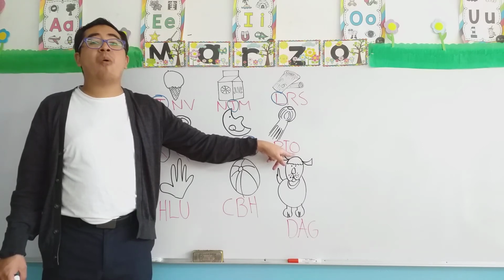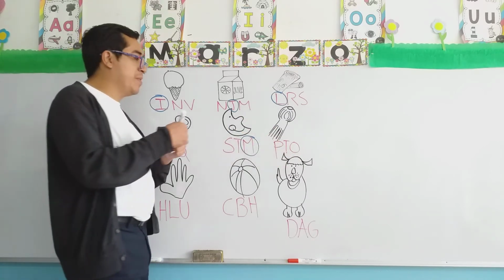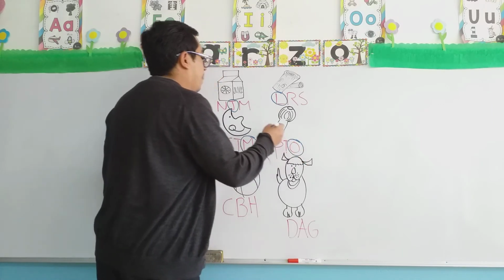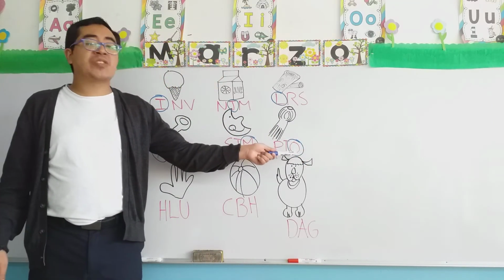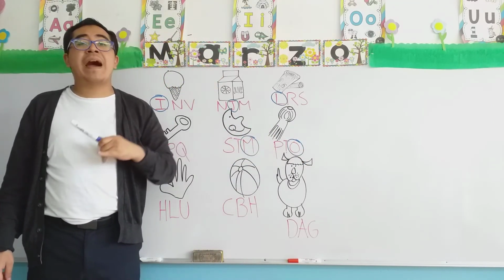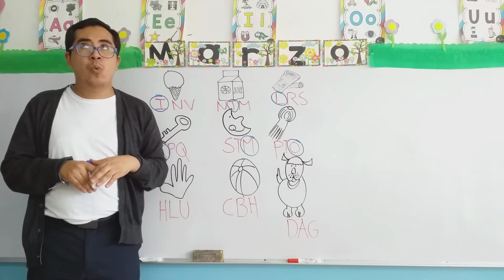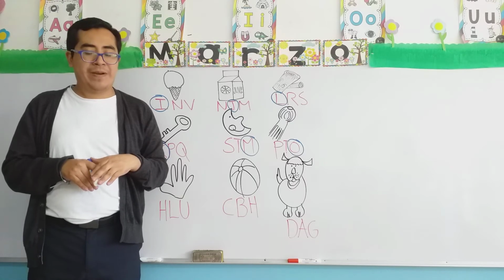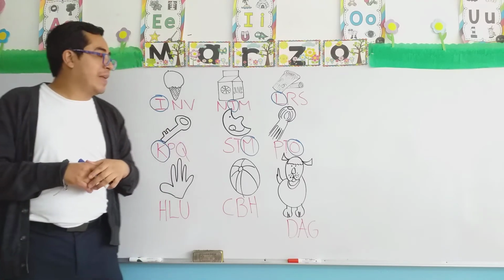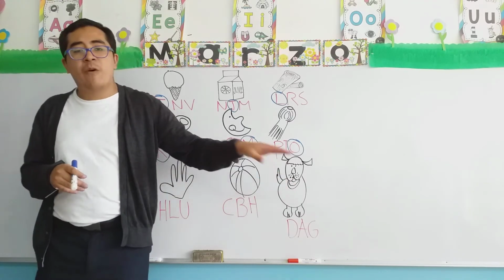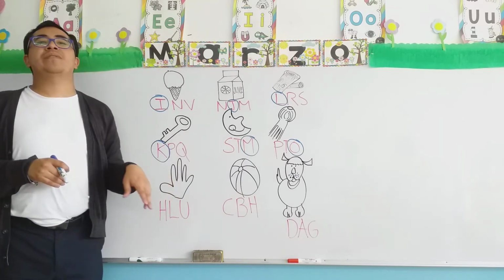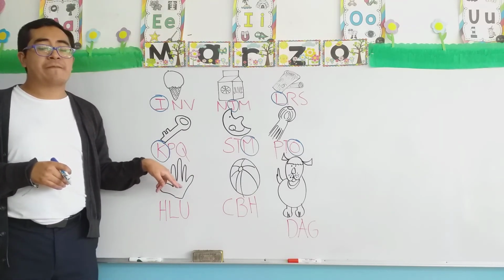Letter O of onion. Very good. Remember, other objects with the letter O, we have the owl, a bird that appears at night. Okay? Excellent. Let's continue with the final row of objects, starting with this object right here.